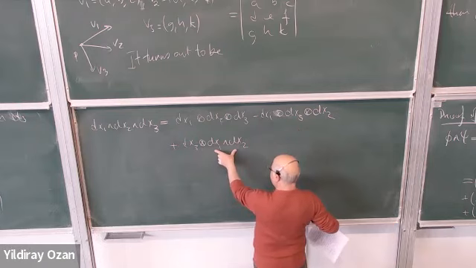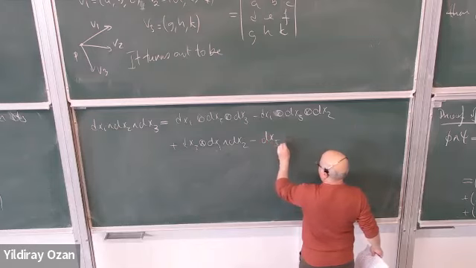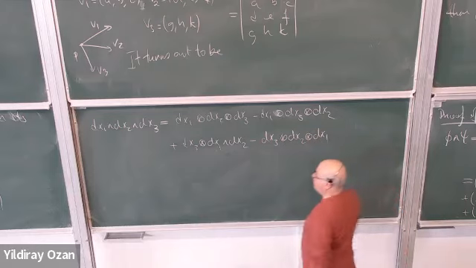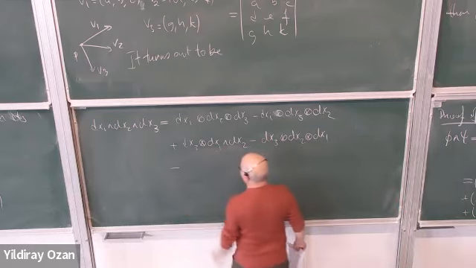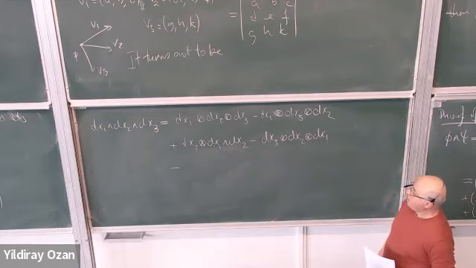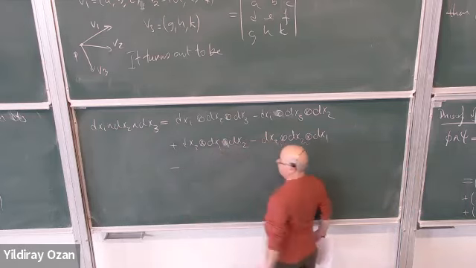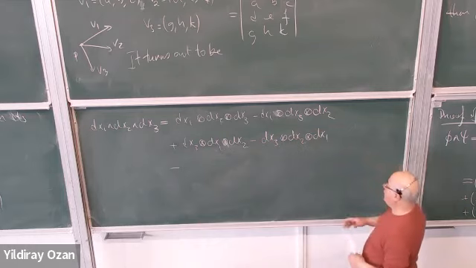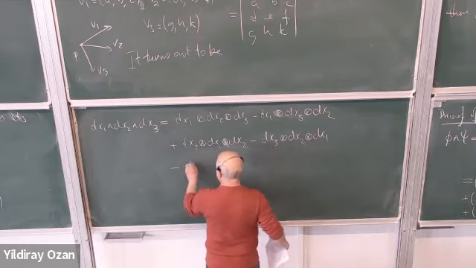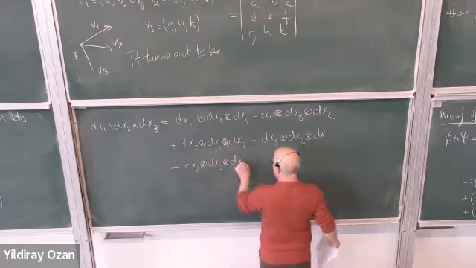And then let me interchange these 2. So I get dx3 tensor dx2 tensor dx1. Oh, okay. They are all tensor. I'm sorry. And then let's interchange these 2. So dx2 tensor dx3 tensor dx1.